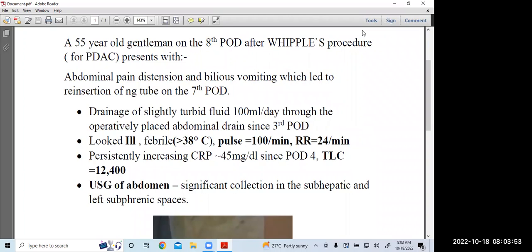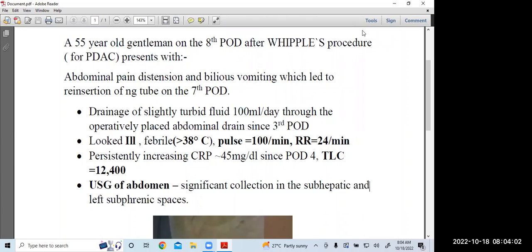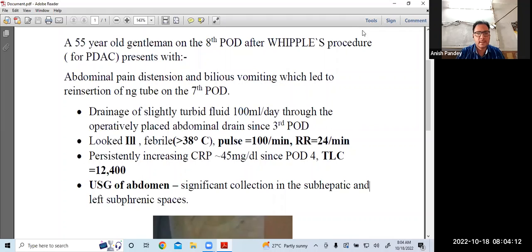You have highlighted certain points here in this case scenario. What is the idea behind it? Sir, for example, the patient is ill, febrile, having tachycardia and tachypnea. The highlighted points indicate that as the patient has raised temperature, tachycardia, and tachypnea, there is a chance of underlying sepsis, sir.